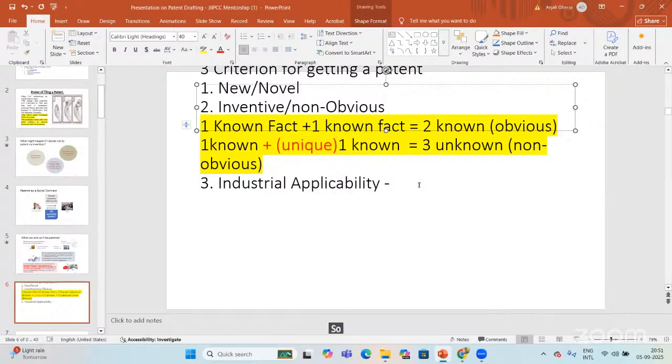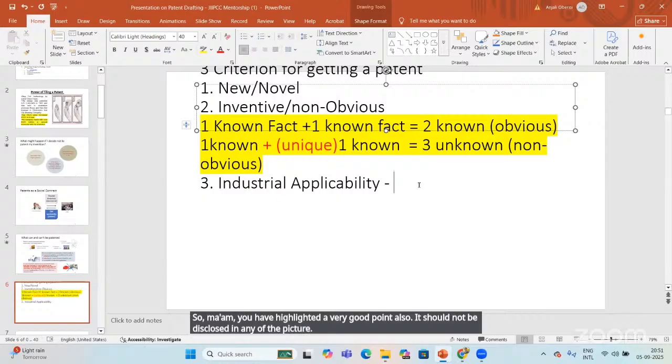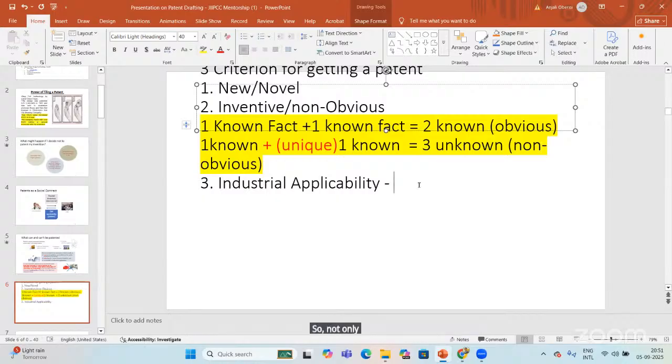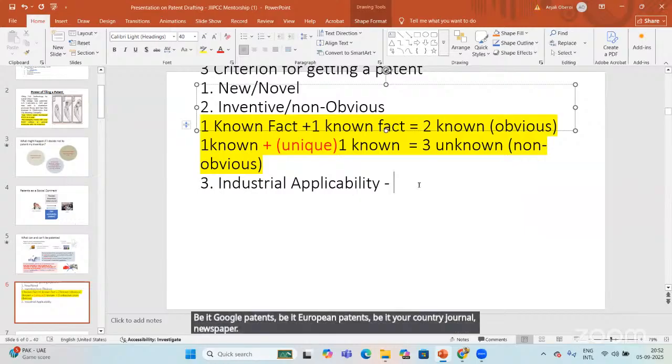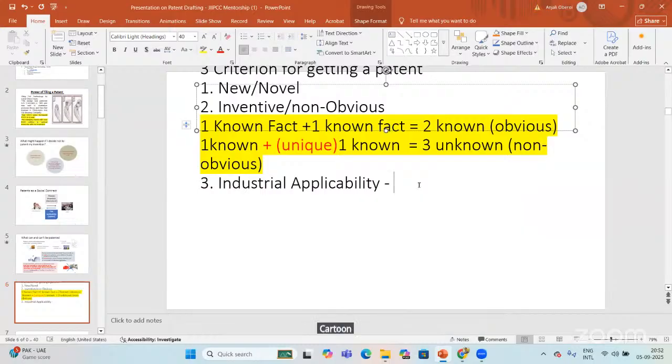So ma'am, you have highlighted a very good point also. It should not be disclosed in any of the pictures. Not only in pictures, any of your ideas should not be disclosed anywhere, be it Google Patents, European patents, your country journal, newspaper, cartoon, comics, animated movies, anywhere that is publicly available.